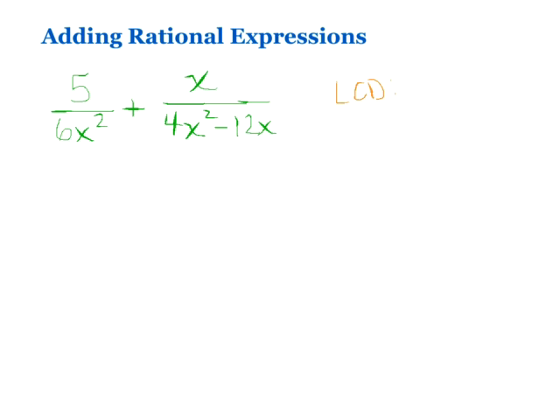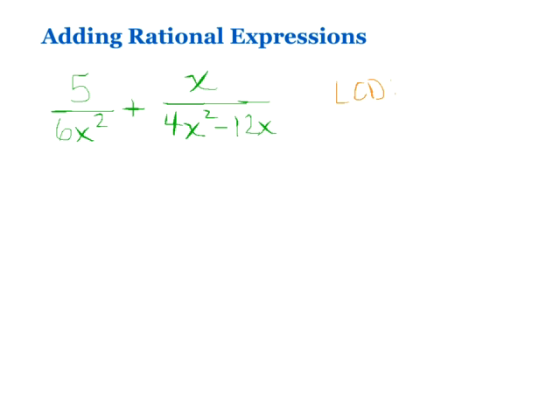Now if you think about what we did with our numbers, when we had the 6 and the 8, we had to look for common factors in order to set up what our LCD should be. So we need to do the same with rational expressions, and in order to look at common factors, we need to have factored form.